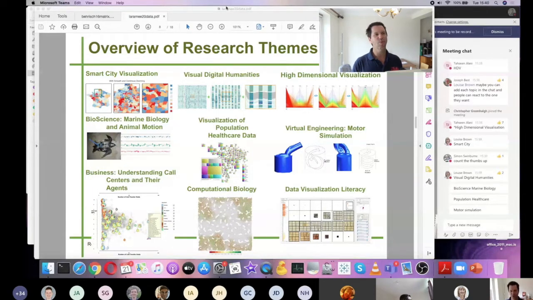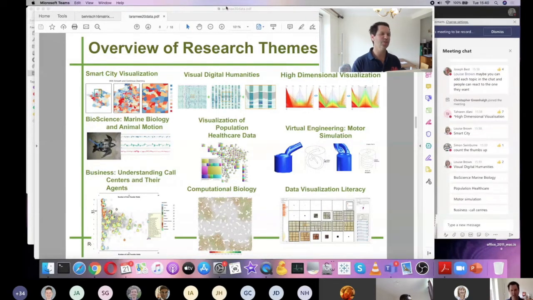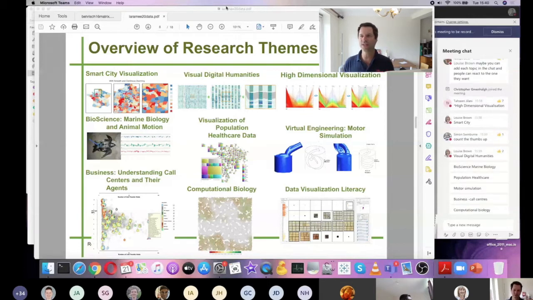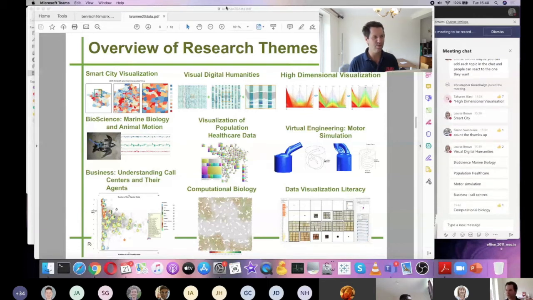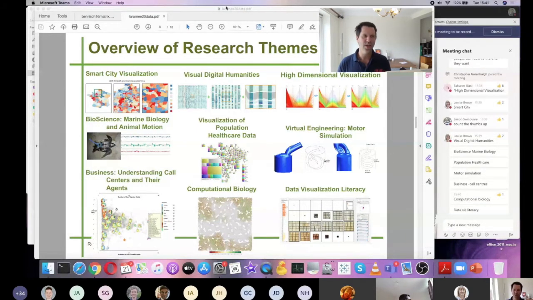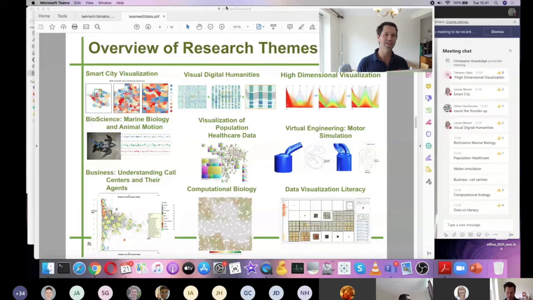The second is more and more people are moving into cities, out of rural areas into the cities. And there's the aging population. So all 3 of these factors combined puts more and more pressure on cities to make the most effective use of their resources. And how you do that, you can use digital strategies to make your cities more resource efficient. And so smart city visualization is that topic.